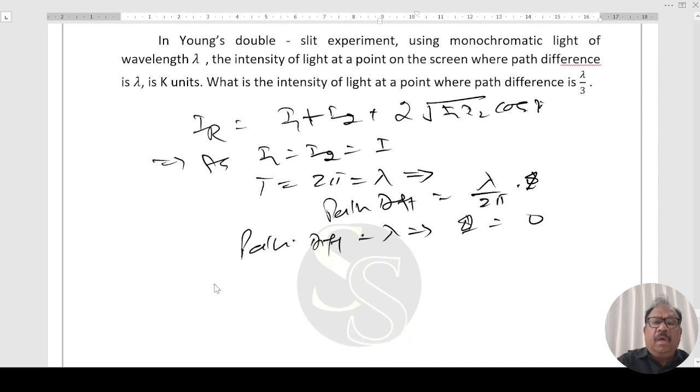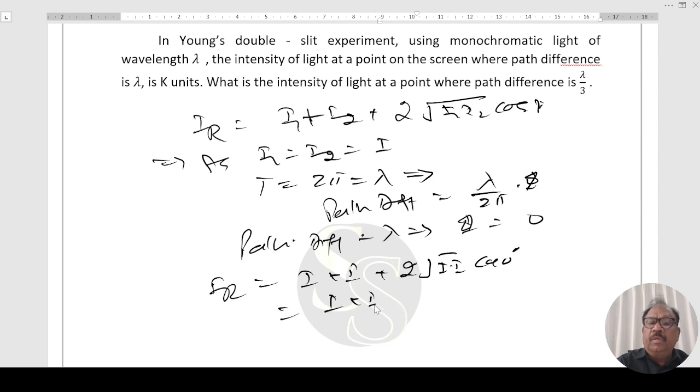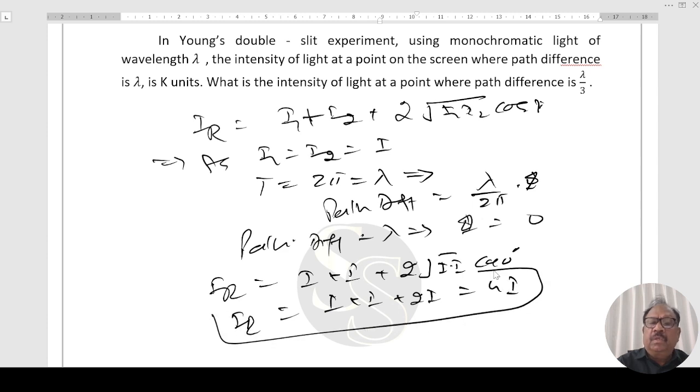In that case, IR will be equal to I plus I plus 2 under root I into cos 0. That is I plus 2I, that is 4I. Intensity corresponding to 4I is this one, K.